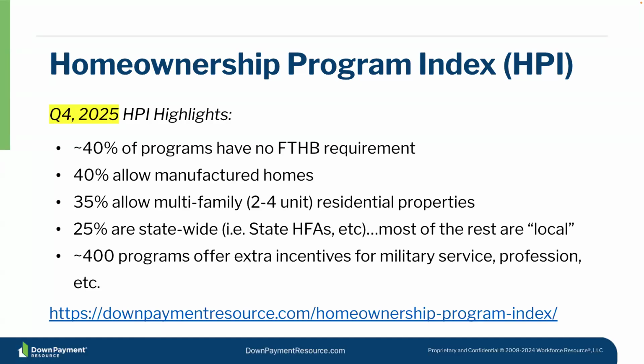It's also shown that 40% of programs have no first-time homebuyer requirement. 40% allow for manufactured housing. 35% allow for the purchase of a multifamily home, 2 to 4 units, so long as one of those units is owner occupied. 25% are statewide, but we're talking state housing finance agency programs. Most of the rest would be considered local. And about 400 programs offer extra incentives for, say, military service, certain professions, and so on.